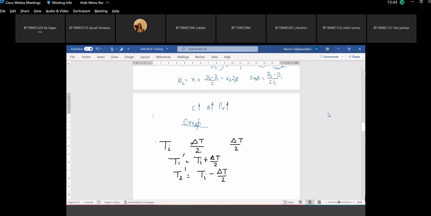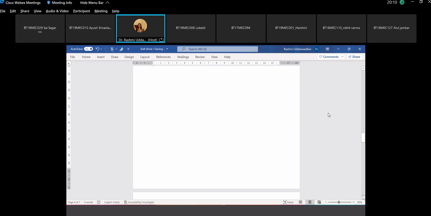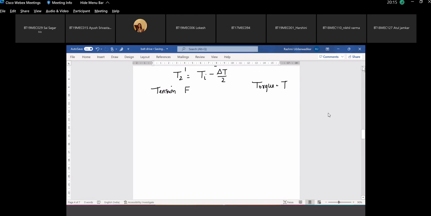And since we are representing torque also as T, to avoid the confusion for the time being, let me use the forces or the tensions as F. So I am replacing the belt tension or initial tension with the term F, so that torque remains T. I am rewriting the same expression.